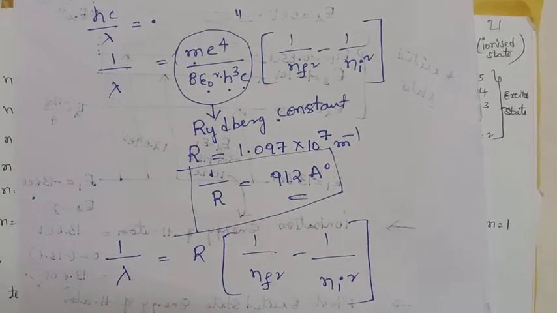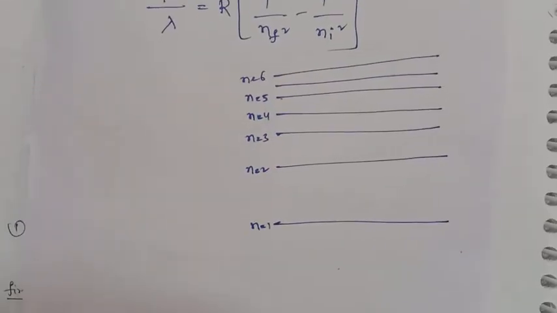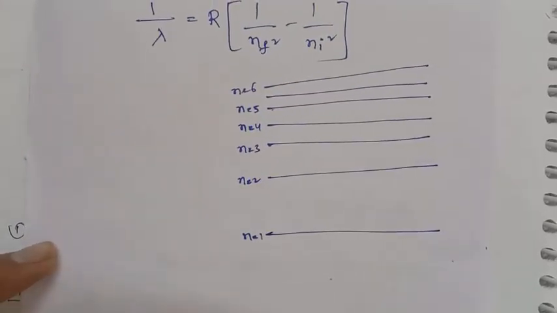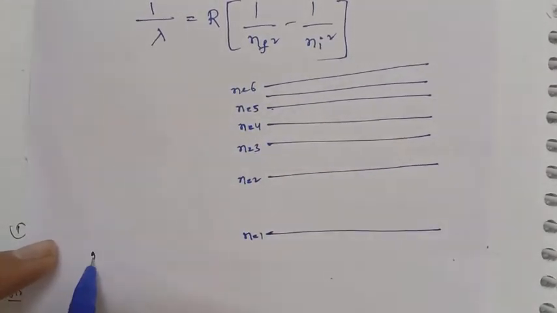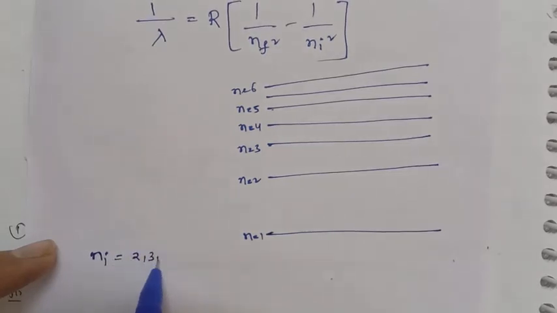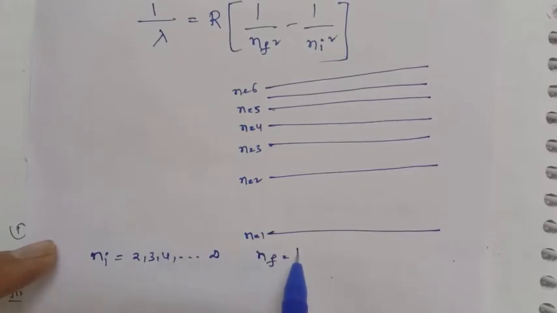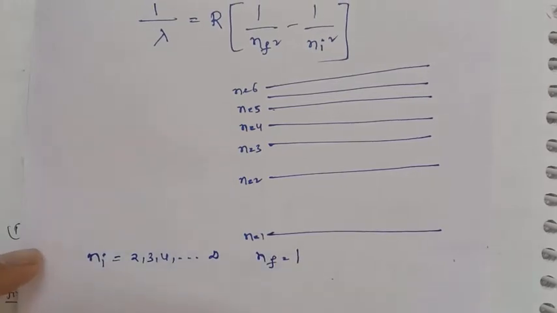Okay, all of you observe this diagram. In the above equation, ni is equal to 2, 3, 4 and so on up to infinity, and nf is equal to 1.